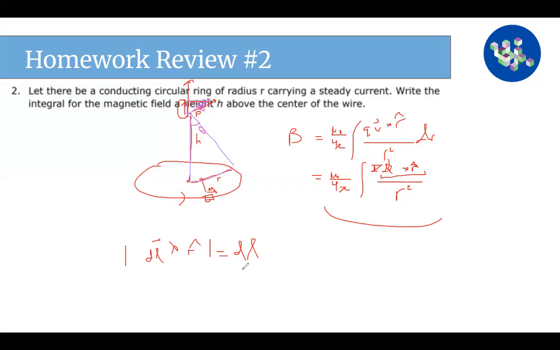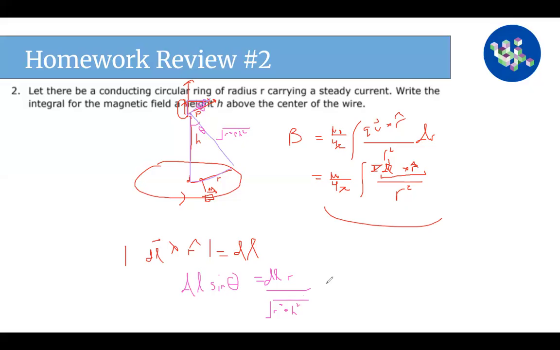And if I want to project onto the vertical direction, I'll do dl times the sine of theta, right? Now what's sine theta? Well, sine theta is just r divided by square root of r squared plus h squared, right? So then I'll be getting dl times r over square root of r squared plus h squared.